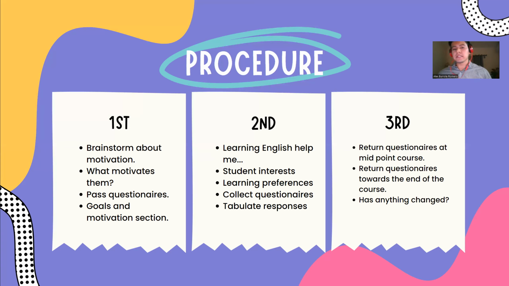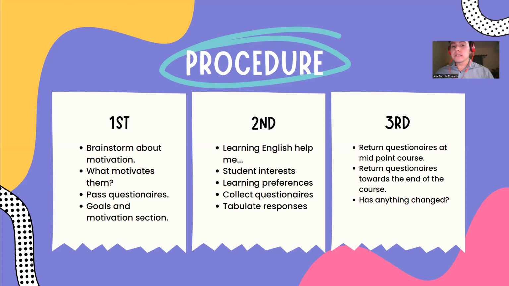And in this part, the teacher has to tell students that the teacher is going to take the questionnaire, but it's going to be given back to the students in the middle of the course and nearly at the end of the course, so students can see their answers and make comparisons between the beginning of the course, the middle, and the end.